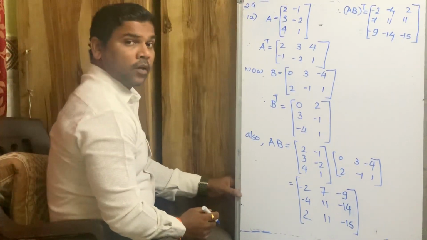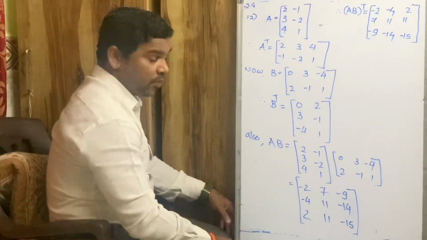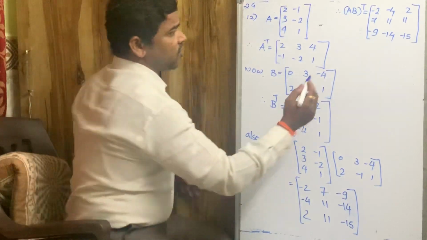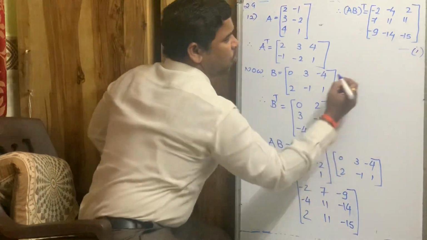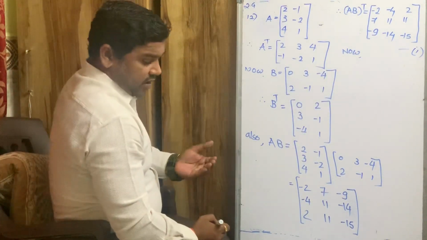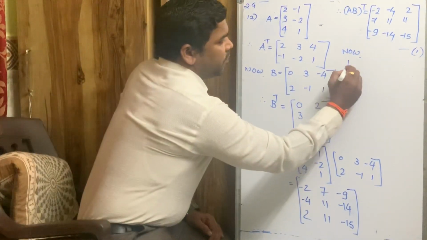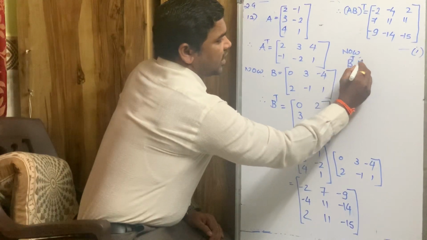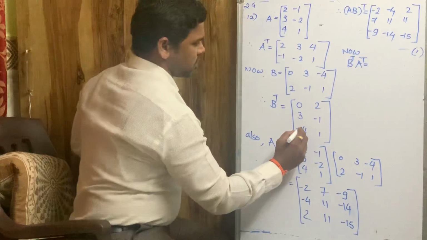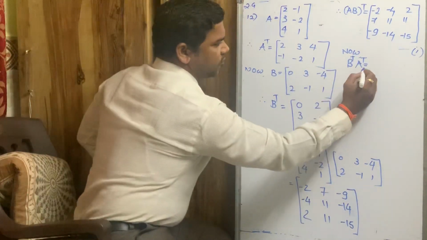Okay. Now what we have to show is AB transpose is equal to B transpose into A transpose. This is our equation number 1, this is question number 1. Now we have to find B transpose into A transpose.